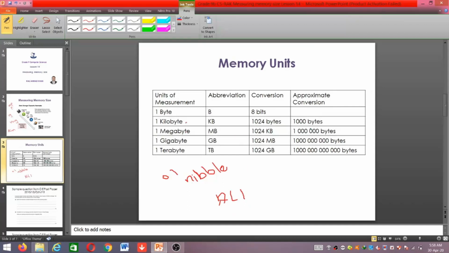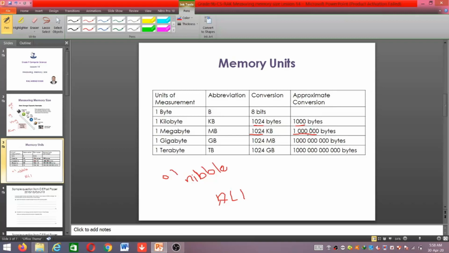Okay, so 1 kilobyte is 1024 bytes exactly, but approximately it is 1000 bytes. Likewise, 1 megabyte is equal to 1024 kilobytes, and it's approximately 1 million.